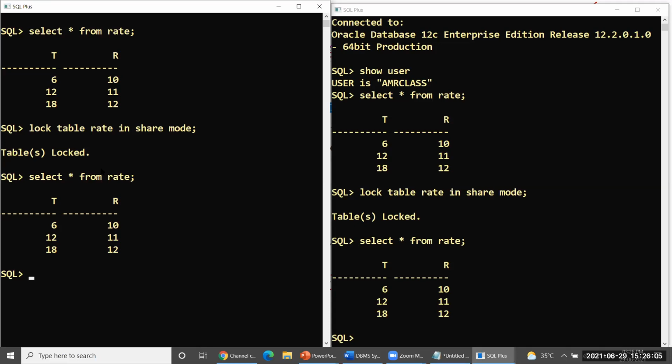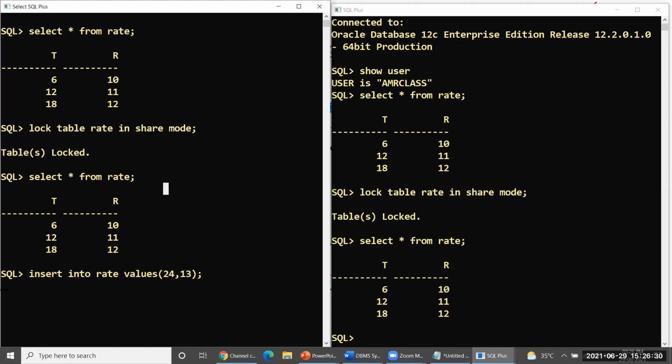Let us see. I would like to operate here: insert into the table, table name is RATE, values, for example, next value 24, comma, 13%. If I operate this one, this user will be put into wait.